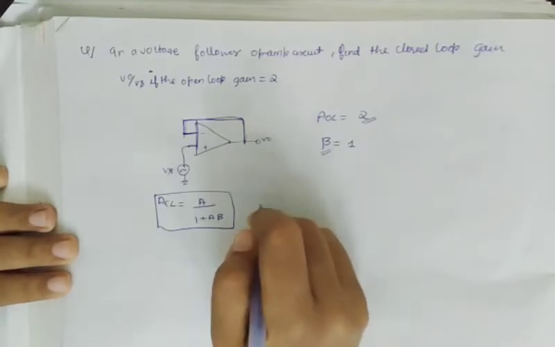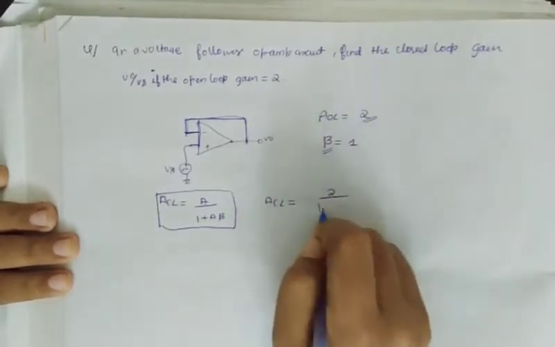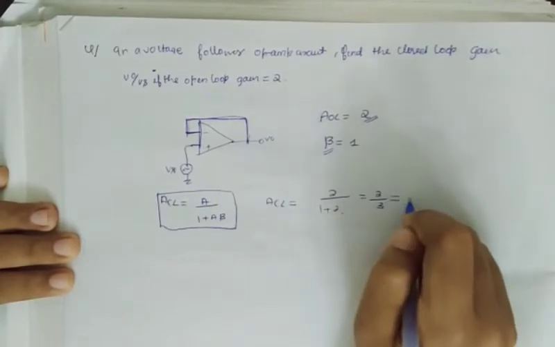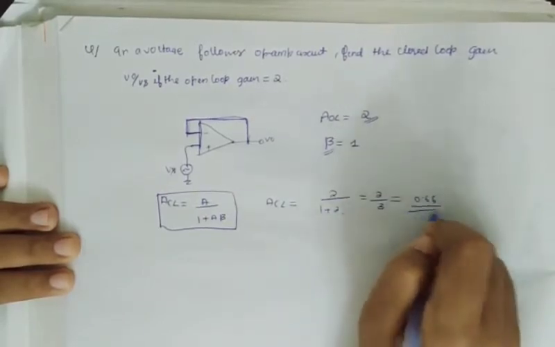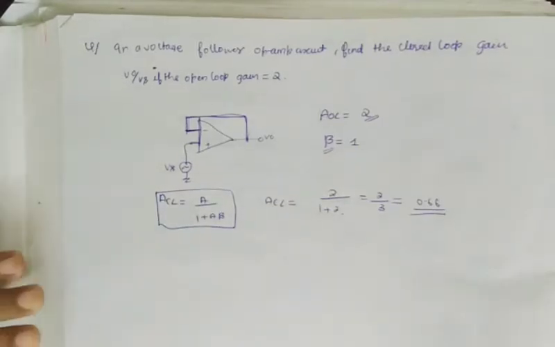ACL is equal to A divided by 1 plus A beta. So ACL equals 2 divided by 1 plus 2 into 1, that is 2 divided by 3, which is 0.66. So this is the closed loop gain. Please keep this formula in mind.